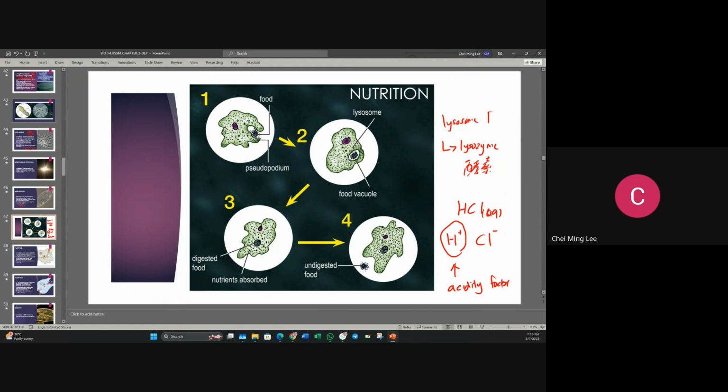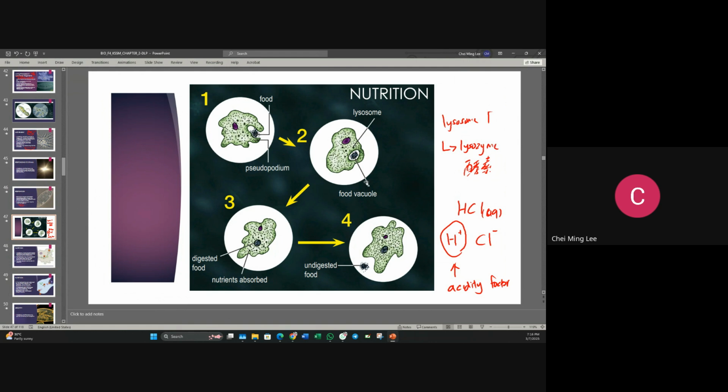It uses the cytoplasm to create a new food vacuole. Then the lysosome releases lysozyme.